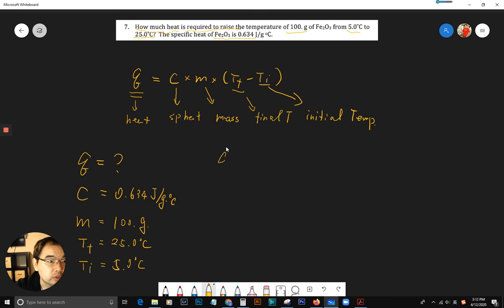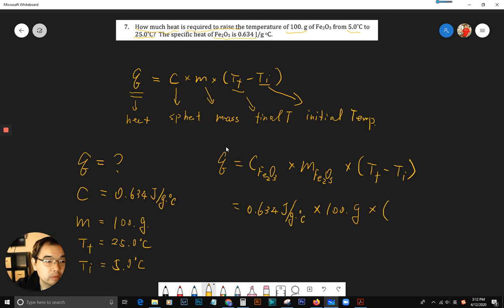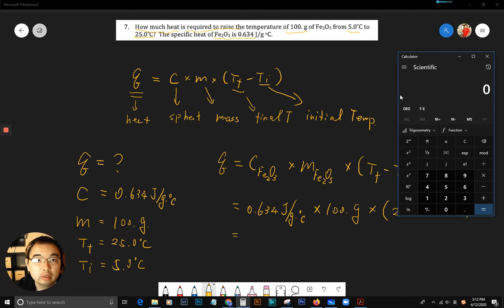The Q is equal to the C, specific heat of the iron oxide, times the mass of the iron oxide, times the final temperature minus the initial temperature, which is 0.634 joule per gram per Celsius times 100 gram times the final temperature 25.0 Celsius minus 5.0 Celsius. Then we put it into the calculator.